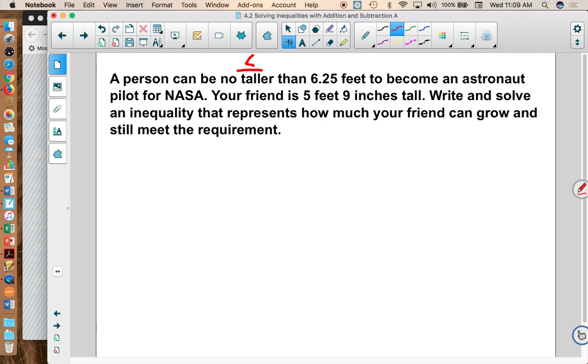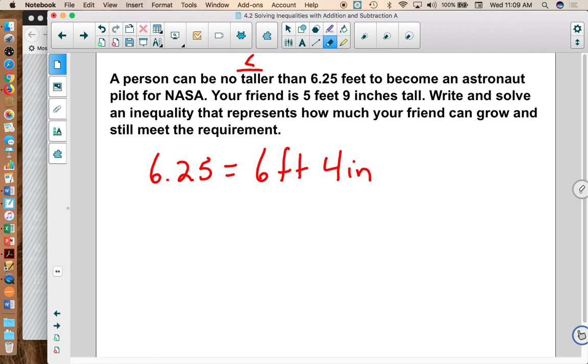So you're saying 6.25 feet is the same thing as 6 feet, 3 inches. You're right. Do you guys agree with her? Yes. Everybody knows where that came from.